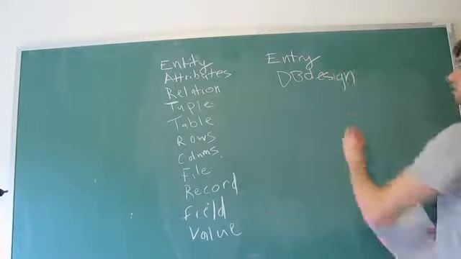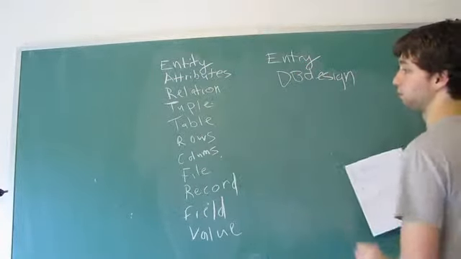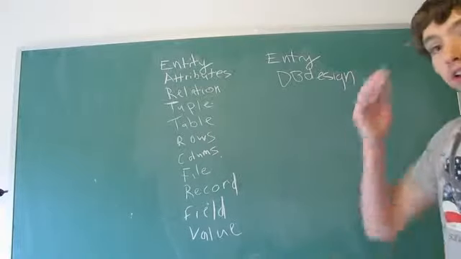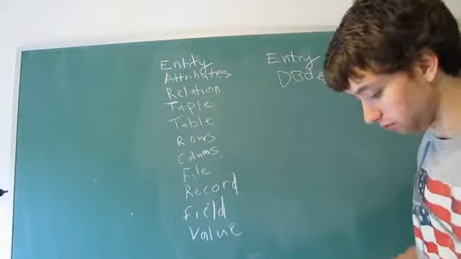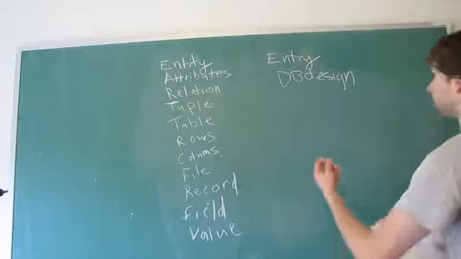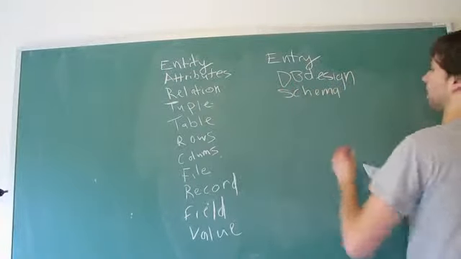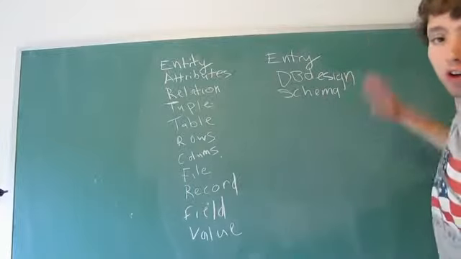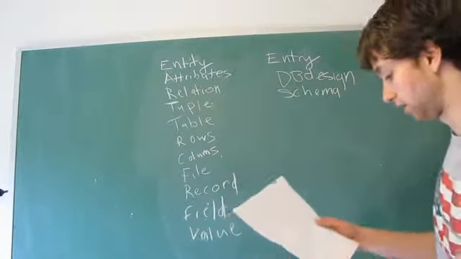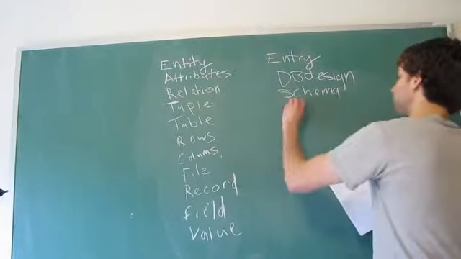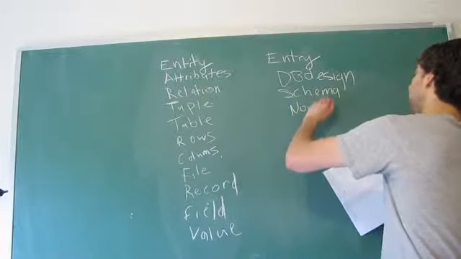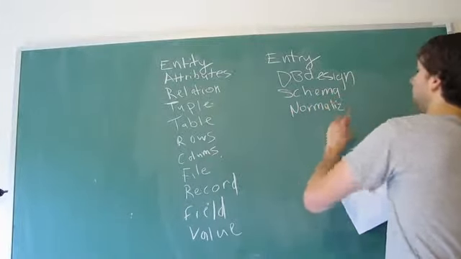The process of designing your tables to remove anomalies and have data integrity. Schema, however you want to pronounce that, is just a drawn out structure of our database. Then we have a new term here, called normalize or normalization.